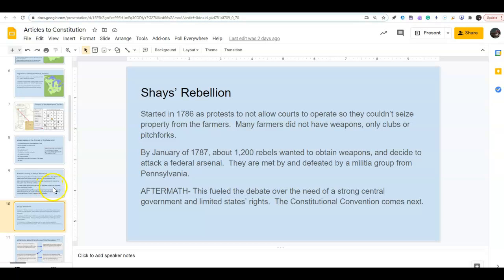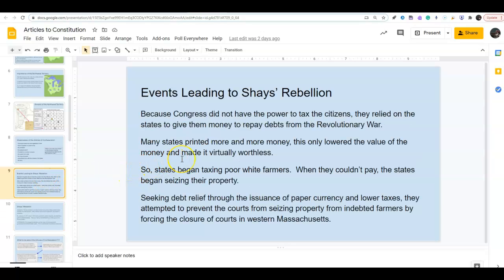Feel free to read through this, but essentially what was going on was the states began taxing farmers. Farmers didn't have enough money to pay their taxes, so the states began taking their farms away from them. So the farmers, not wanting to lose their farms, go to the courts and start protesting the courts so that they can keep their farms.